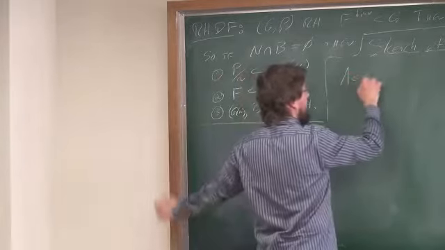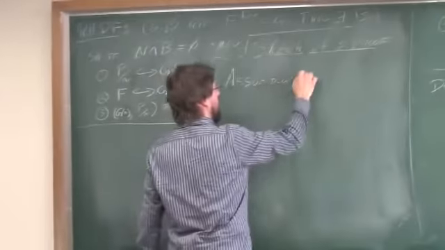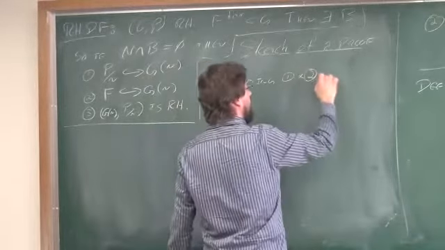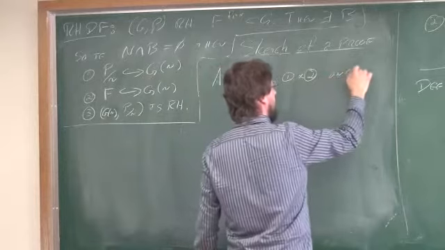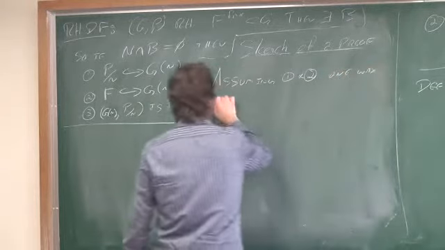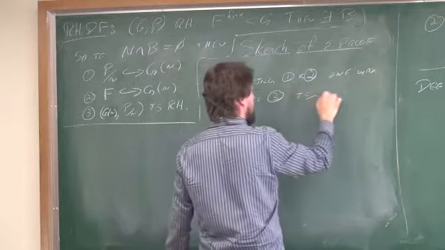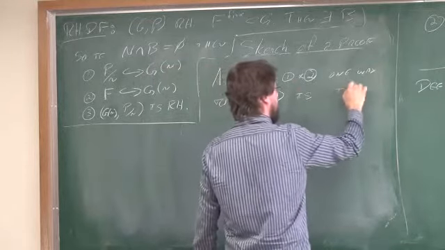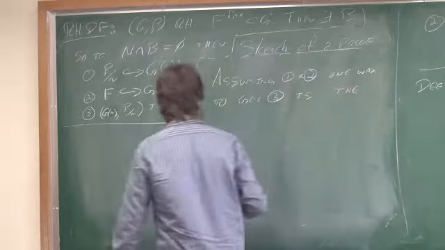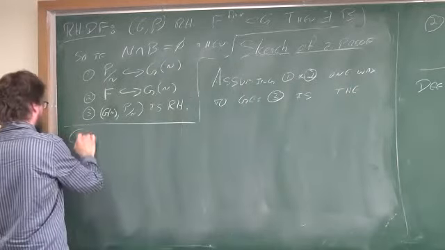So, assuming 1 and 2, one way to get 3 is something called the Cartan-Hadamard theorem.